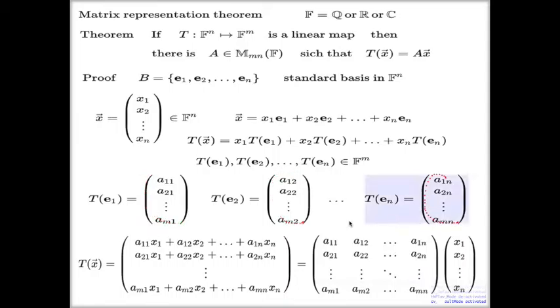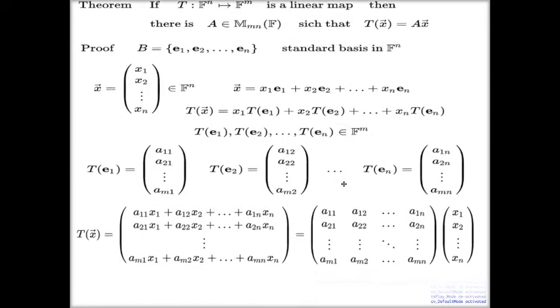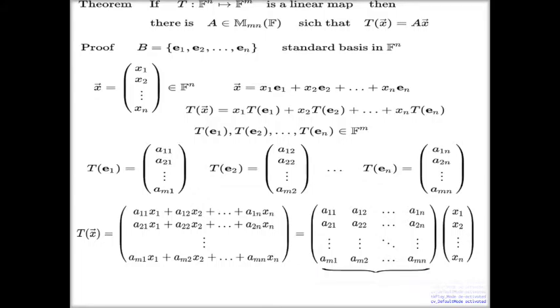And that's basically the end of the proof. If I give a name to this matrix, if I call it A, that will be the matrix with m rows and n columns, and my T map is implemented by this matrix.